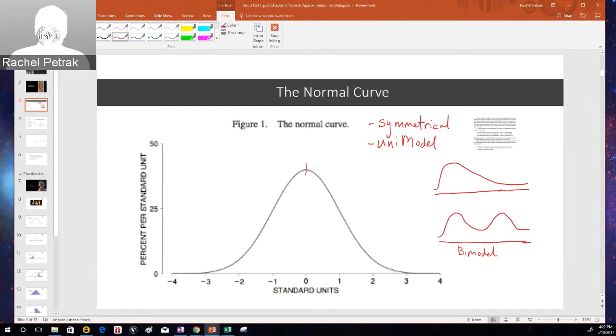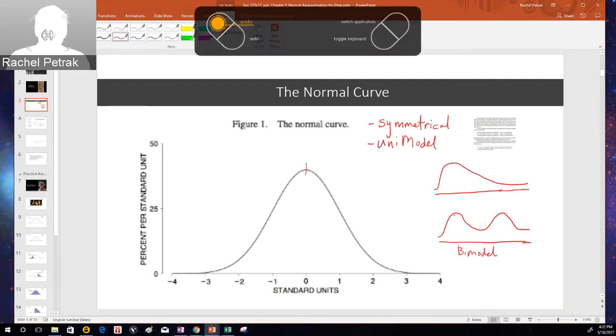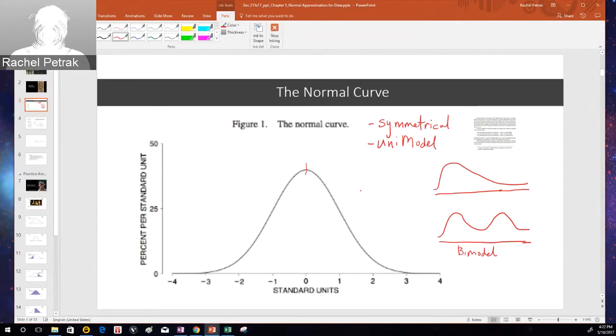A bimodal distribution has two scores that are essentially tied for most common score. In a unimodal distribution, there's just one score that's most frequent, the mode, and the mode is centered at the mean and the median.